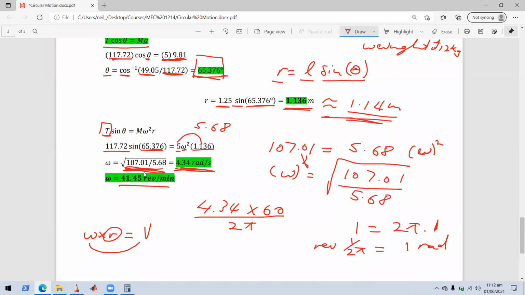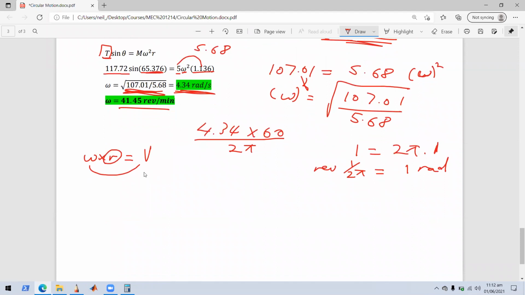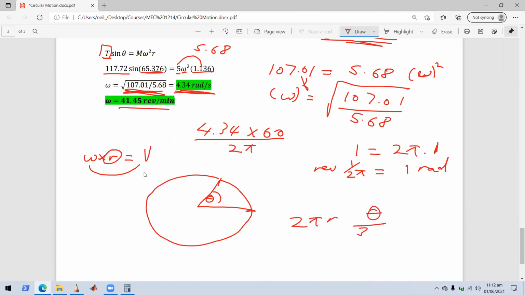If you wanted to find the length of an arc using degrees, you'd have to do 2 pi r times some fraction, theta over 360.